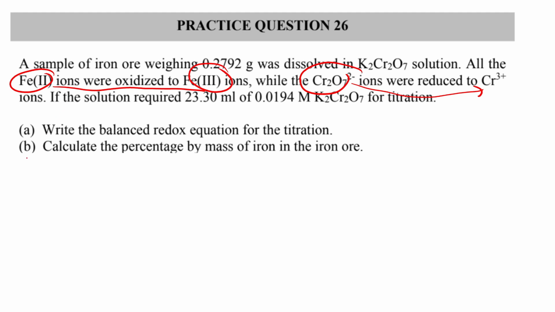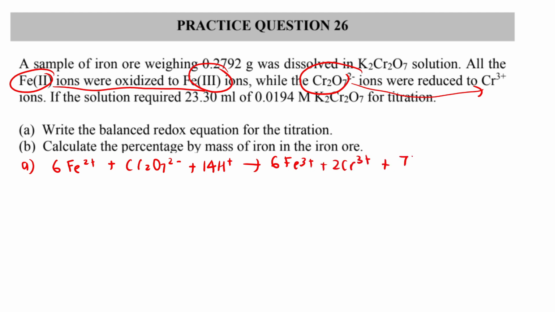Write the balanced redox equation. For this I will just write the final answer, the steps are the same as before. Fe2 plus, Cr2O7 2 minus plus 14H plus produce 6Fe3 plus, 2Cr3 plus, 7 water.